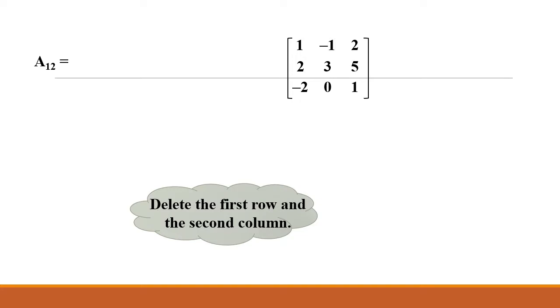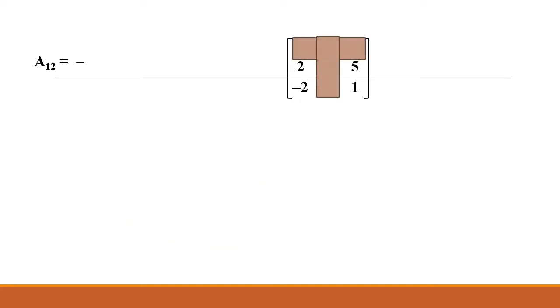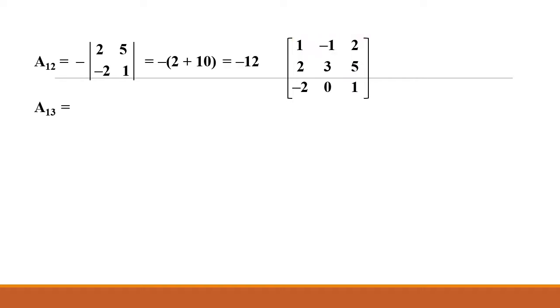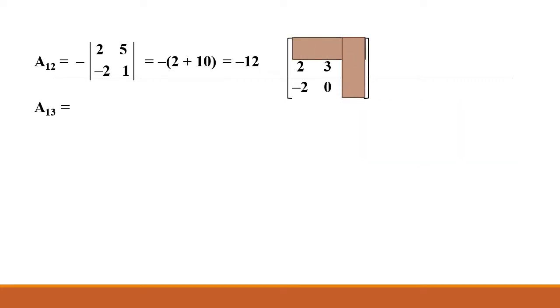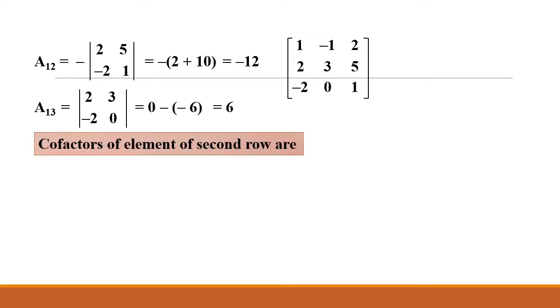The cofactor is obtained by deleting the first row and the second column. So we get minus into the determinant value 2 plus 10, which is equal to minus 12. A13 will be obtained by deleting the first row, third column. So we get the determinant [2, 3; -2, 0], 0 minus of minus 6, which is equal to 6.